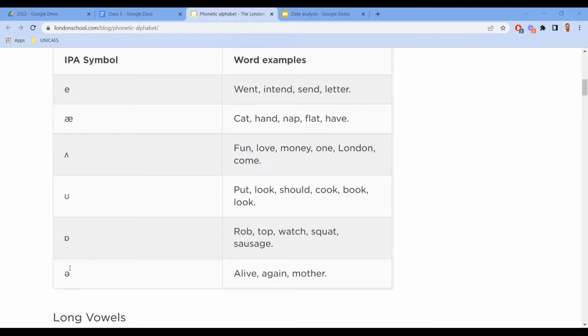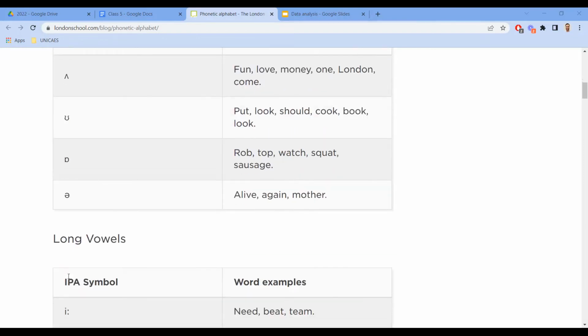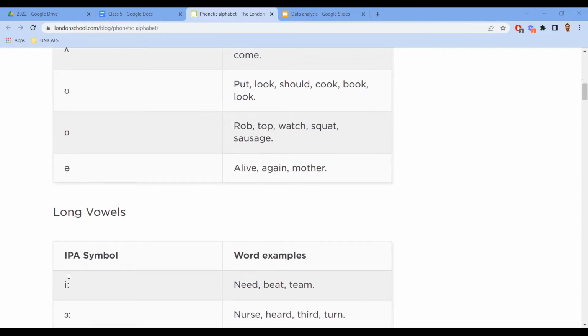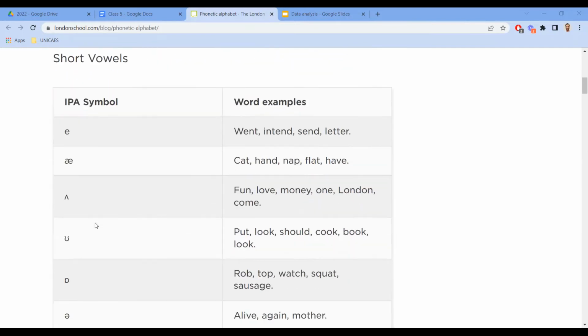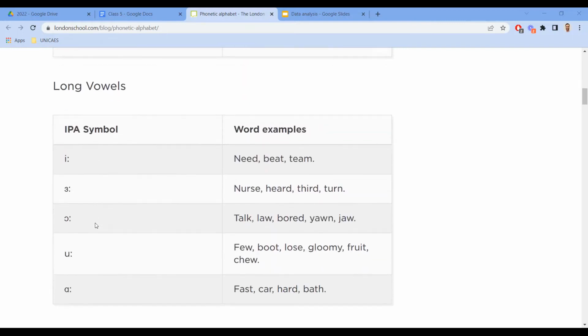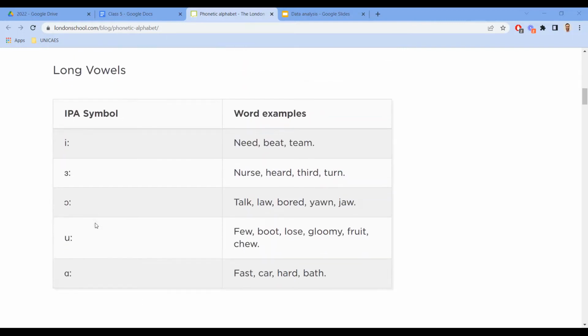So if you are going to teach or you want to learn more about vowels, leave the schwa at the end, right? And then after the short vowels, we have the long vowels, right?